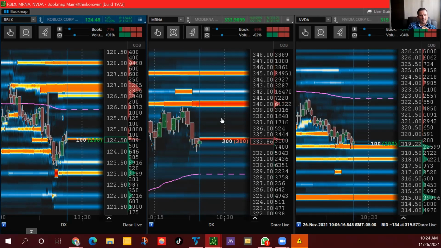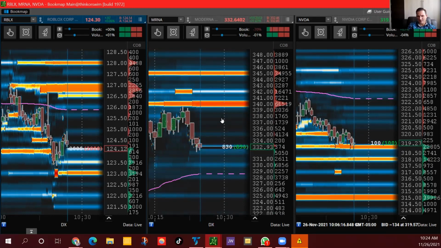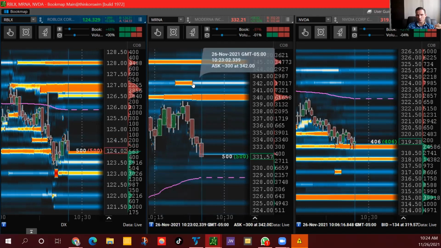I'll start there, and then I'll just incrementally add at 339.75, 339.80, 339.85, and then usually 339.94. That will fill most or all of the orders on that side of the liquidity, and then if it wants to pop through the liquidity, I look for the next major level of sellers, which in this case was 342.